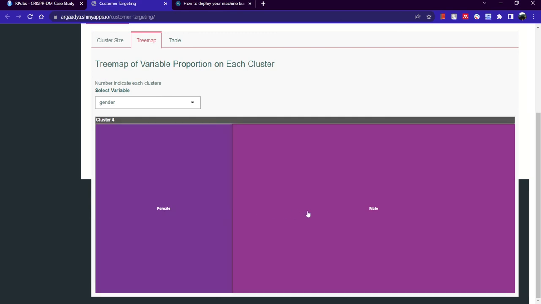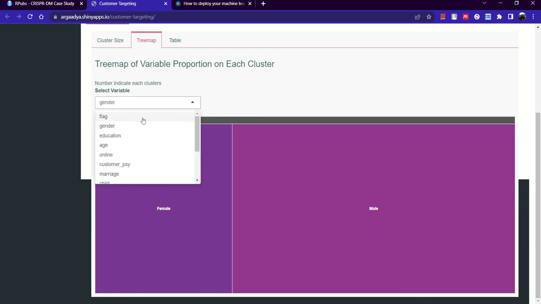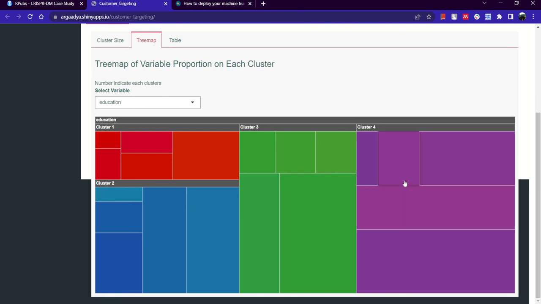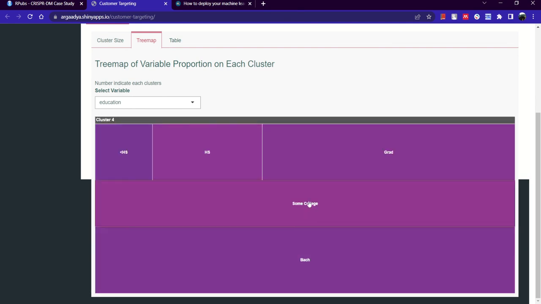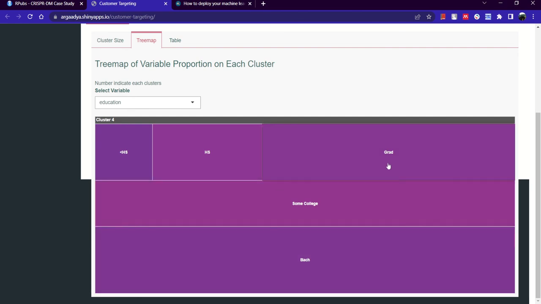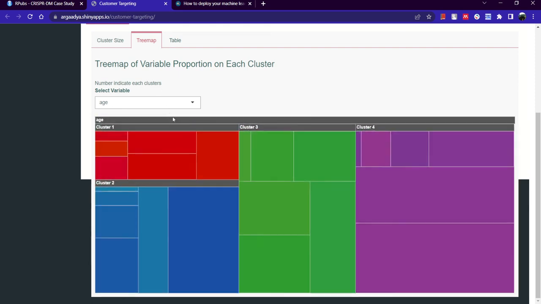This is the biggest cluster. Then you may drive a marketing plan to approach males, maybe because the probability is higher than for females. Maybe on the level of education for cluster 4, what do we have? Some college and bachelor, then graduate, and so on. So this is about clustering.